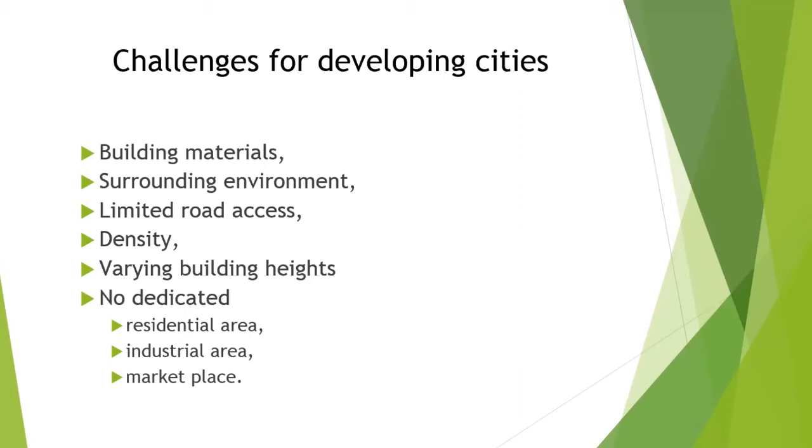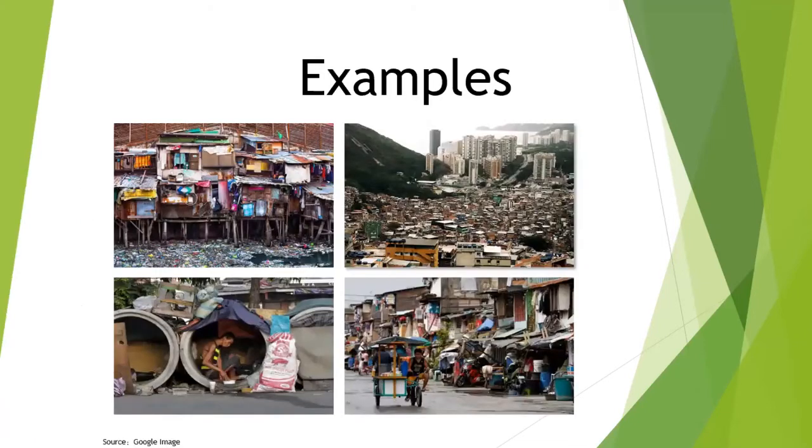And also we don't have any dedicated residential area, industrial area and marketplace. For example, if you look at this, in the right side, very well developed buildings are there. But here in the bottom, there is a slum or less developed area.